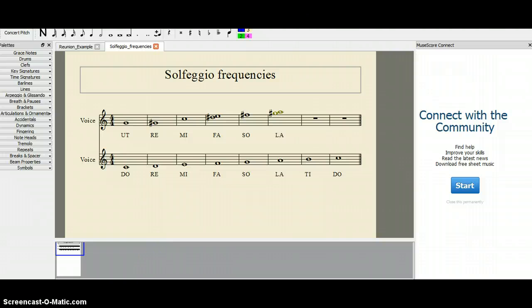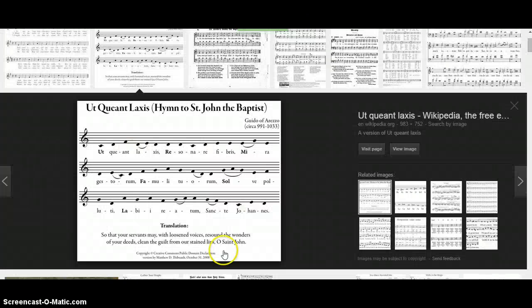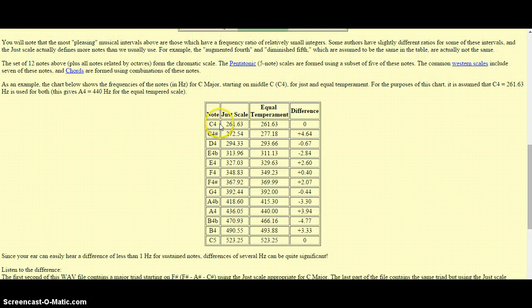Because again, if you look at, let me find this one again. Here's your scale. C, D, E, F, G, A, and B. And notice that the just scale, which would be very close to Pythagorean tuning, is not that far off from our current equal tempered scale.